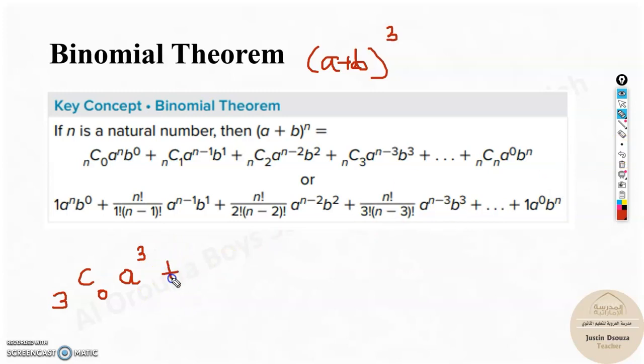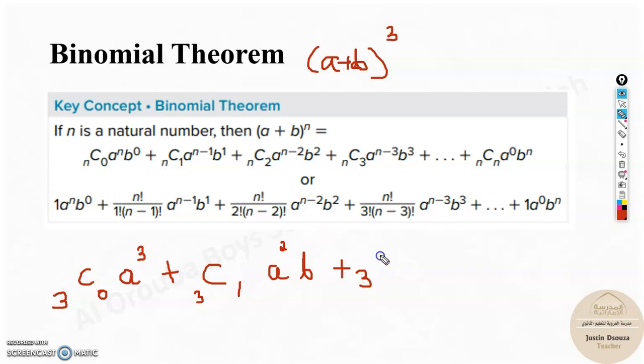Plus, and we continue just like the Pascal's triangle. You start over here, a reduces to 1, 0, whereas b increases 0, 1, 2. Only thing is the coefficient is found out by nC0, nC1, and so on. So again, 3C1, this does not change. a will reduce by 1, so it's 2, and b increases by 1.